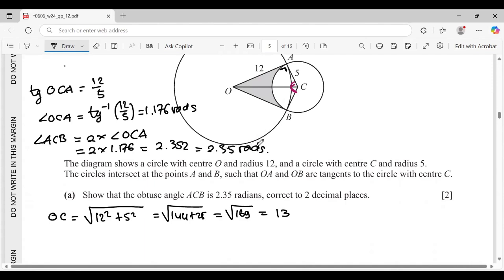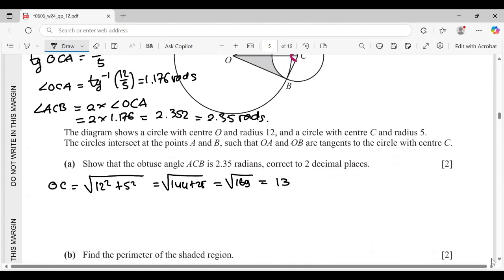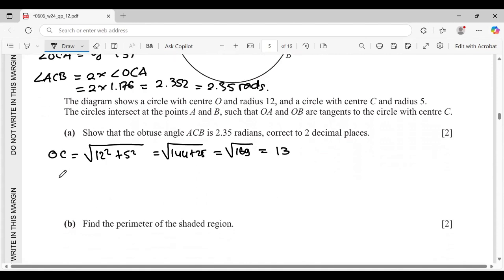So we can state that angle ACB equals 2.35 radians. Next, find the perimeter of the shaded region.